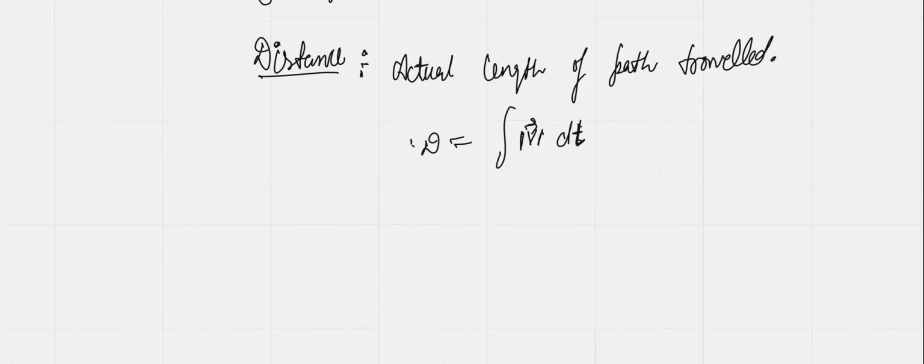This is another thing. Another part is about displacement. Displacement can be negative, zero, or positive as well. But when we talk about distance, it can only be positive or zero.